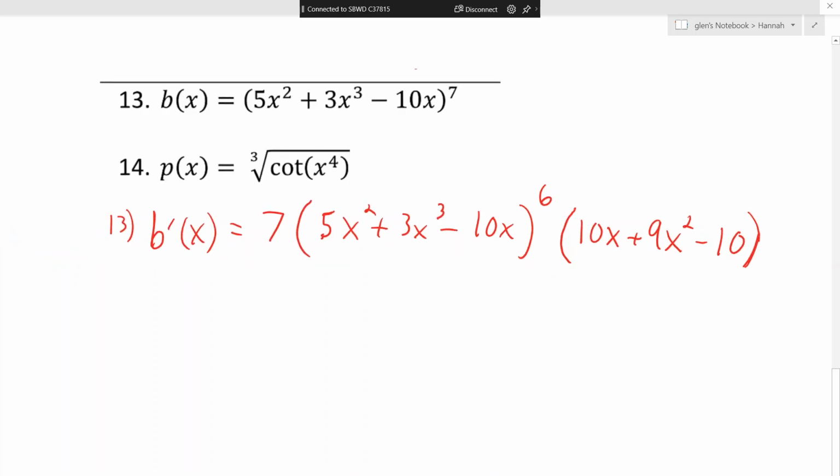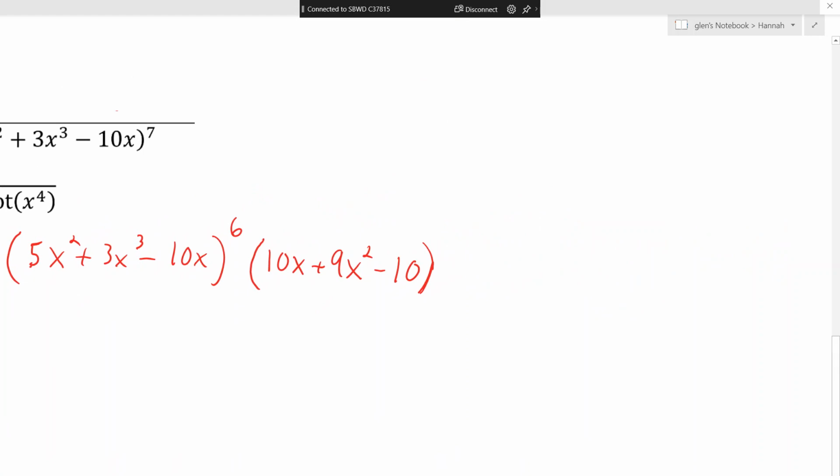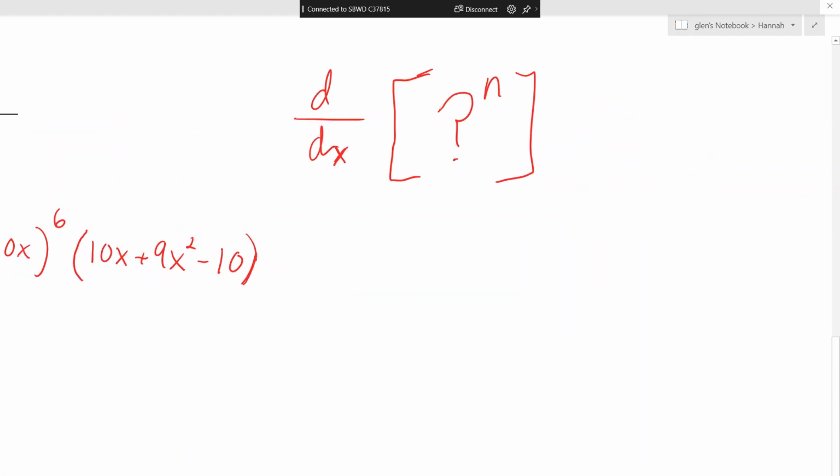Okay, and just to write this out here, in general, our rule for deriving, this isn't going to be super nice math notation, but you could think like this. Anything to a power, if you derive anything to a power like that, will be n times that same exact thing to the n minus 1.